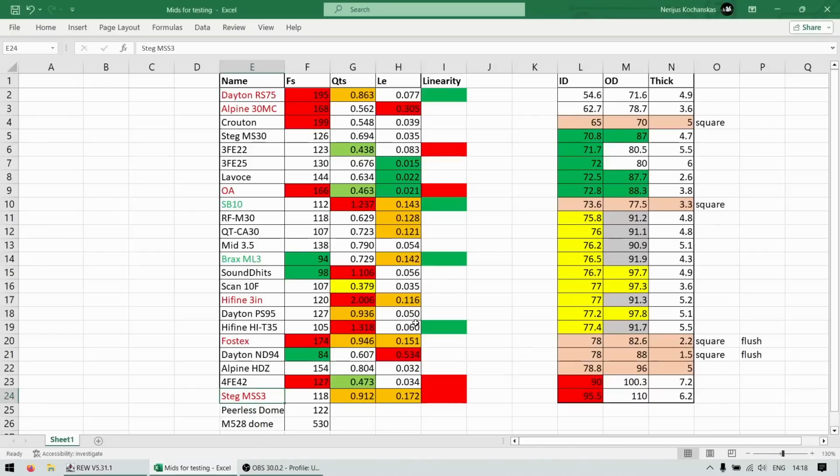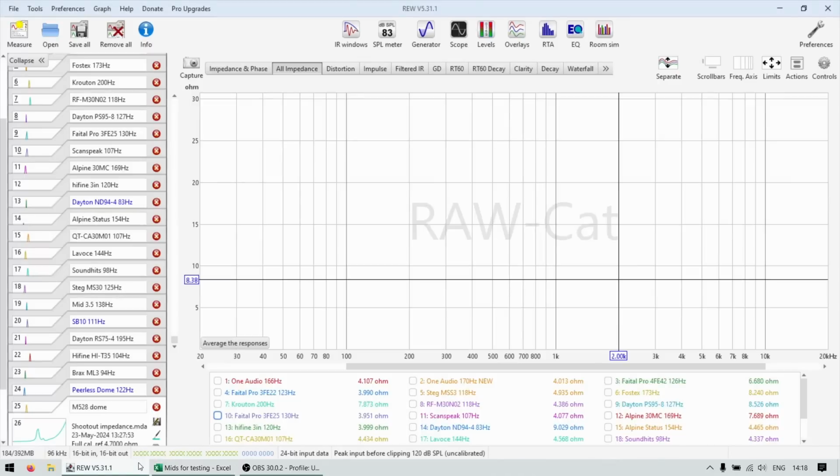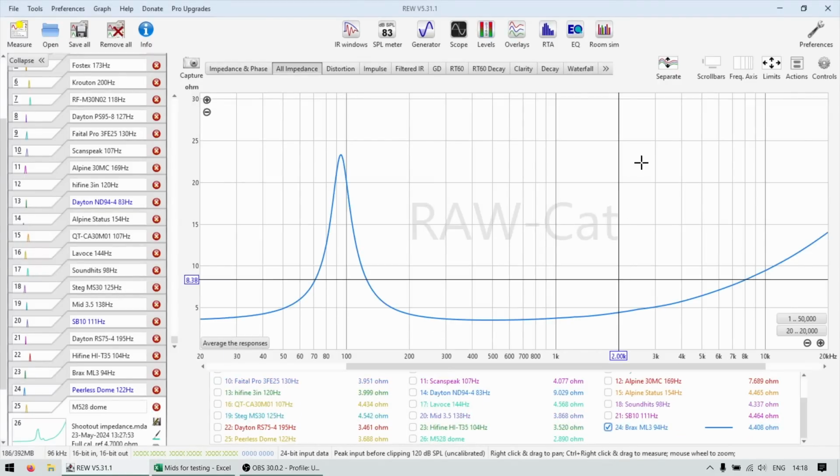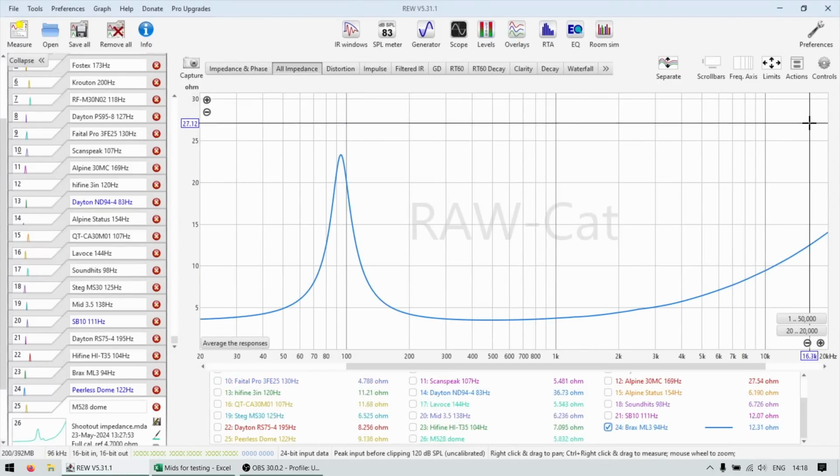The other side of the spectrum are the green ones that I gave. So Dayton RS75, SB Acoustics 10, Brax ML3, one of the Chinese drivers. These, to my eye, they have the most linear response. So this is, for example, Brax. I personally cannot see a single wiggle on this impedance graph. Absolutely nothing. Smooth like butter.